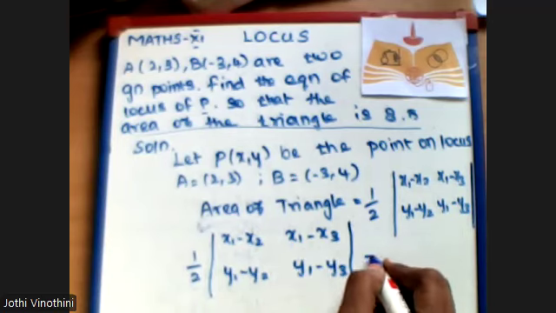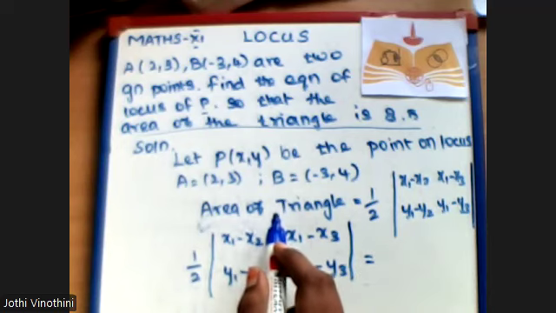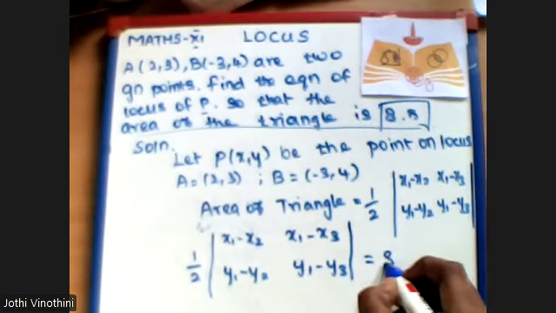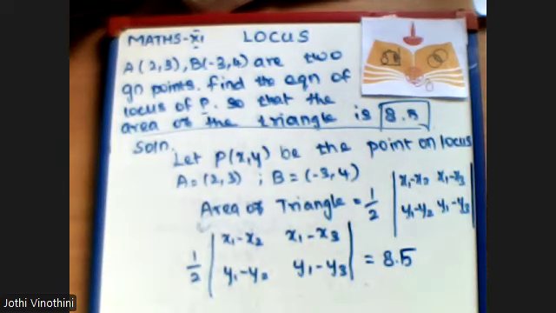This is the formula. This is equal to the area of the triangle, right? What is the area of the triangle? We have it as 8.5. Clear? Clear.